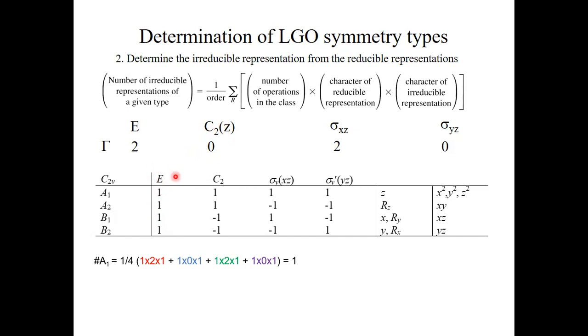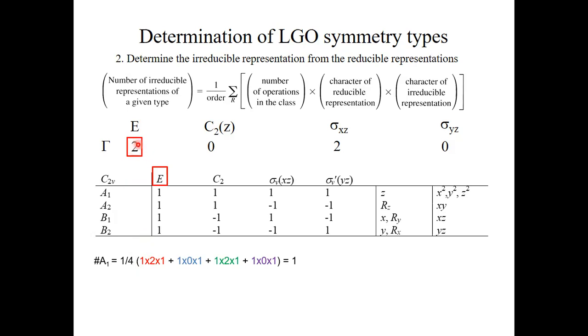Well, for the identity, the number of operations in the class is actually 1, because we have only 1 identity operation. So that explains the first one here in the first product. Then we have to multiply this with the character of the reducible representation. So we look up the character underneath E in the reducible representation, and that is 2. Okay, so that explains this 2 here.